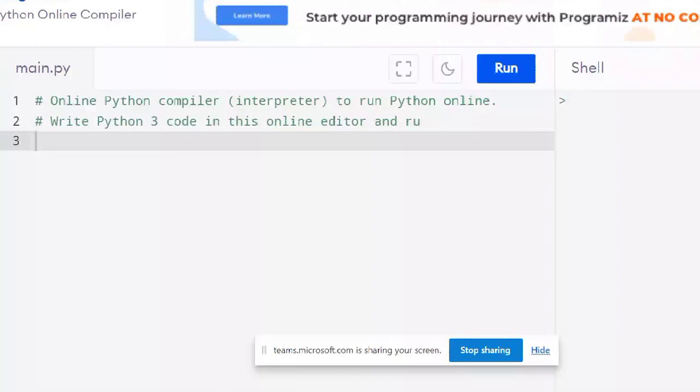True. Okay, true. Okay, what do you get for this?